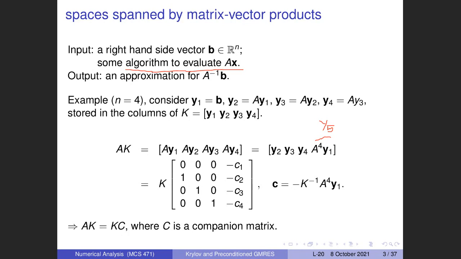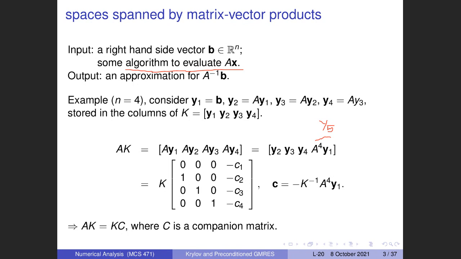And this is defined by taking A times the previous vector, or we can also rewrite this last vector in terms of the first vector. Why is that useful? Well, then we have a relationship between the four vectors y1, y2, y3, y4, and relationships in linear algebra are expressed by matrices.